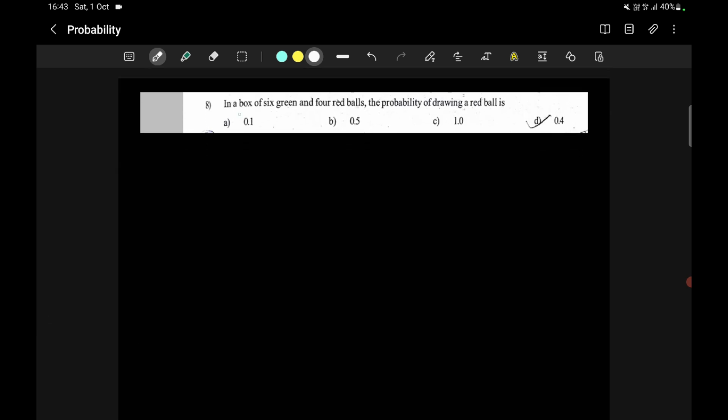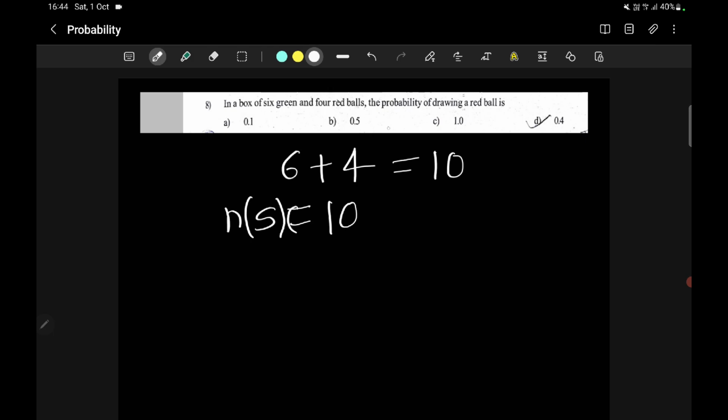Next question is, in a box of 6 green and 4 red balls, the probability of drawing a red ball is. So there are 6 green balls and 4 red balls. Total will be 10. So number of sample space is 10, and the probability of drawing a red ball is.